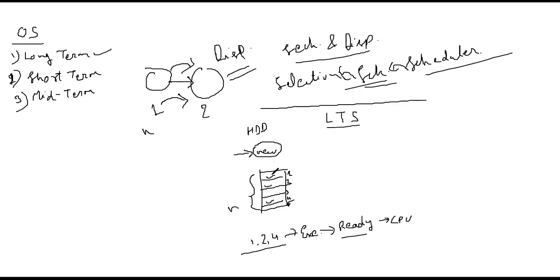The selection of 1, 2, and 4 will be done by a certain kind of scheduler, and this scheduler is known as LTS. So the selection of these processes out of all other newly created processes in your new queue, which you want to send to the RAM, is done by the LTS, the long-term scheduler.